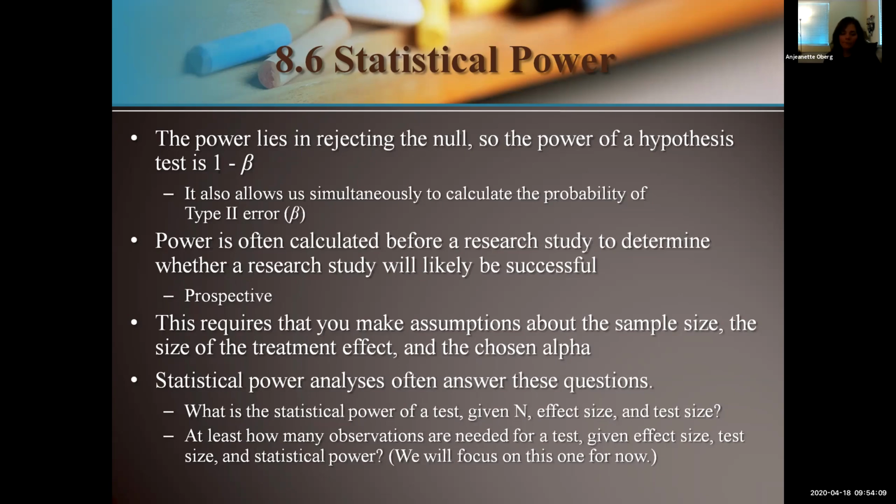It's saying, okay, what's the power of the test given X sample size? So given 50 participants, given 100 participants, given 150, assuming we want a treatment effect of D equals 1 or D equals 2, right?